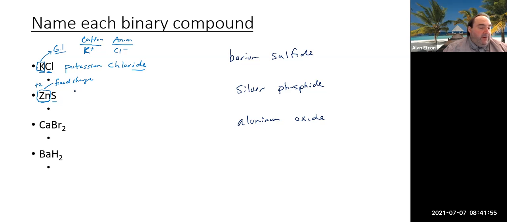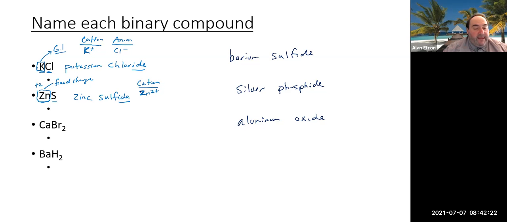Because it has a fixed charge, what that means is it is a type 1 compound. And again, at that point, that's all you need to know. So we would start rolling with the whole name for the metal, which is zinc. And the sulfur becomes sulfide, IDE at the end of it. Here again, it didn't ask us to do it, but the cation in this case would be a zinc with a +2 charge.